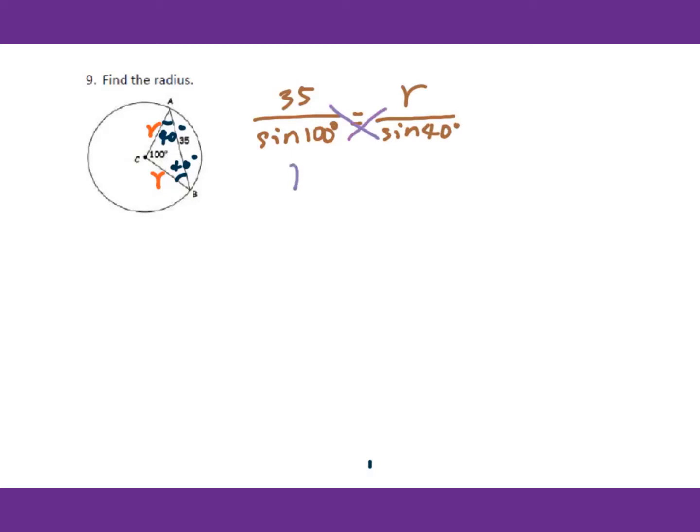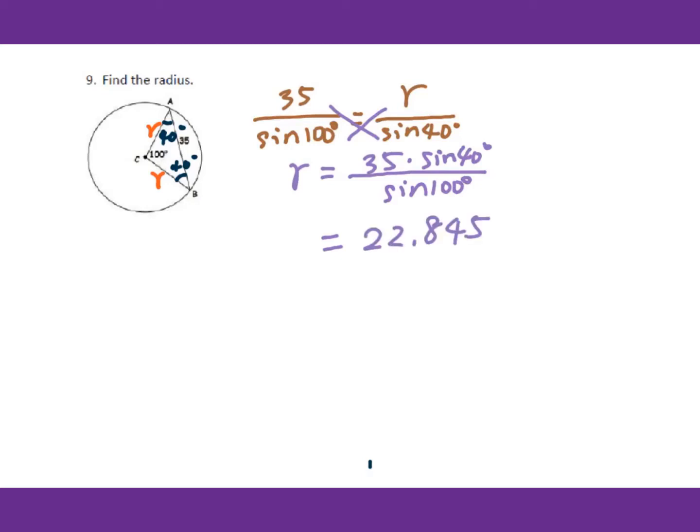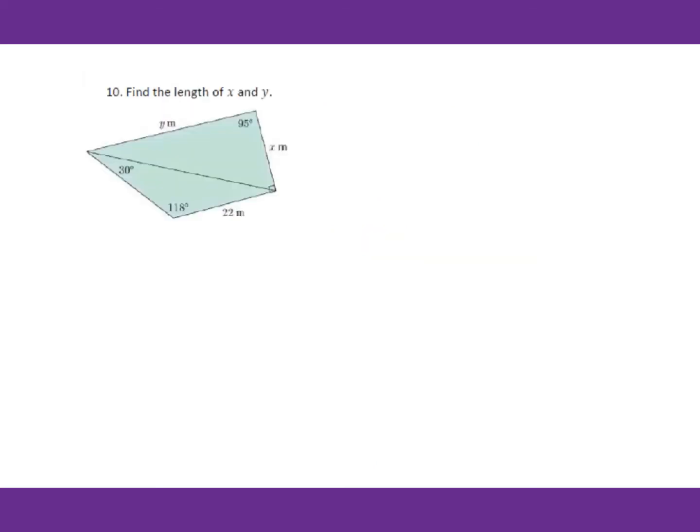Cross multiply, R equals 35 times sine 40 degrees over sine 100 degrees. We put it into the calculator, we got 22.845 for this radius.